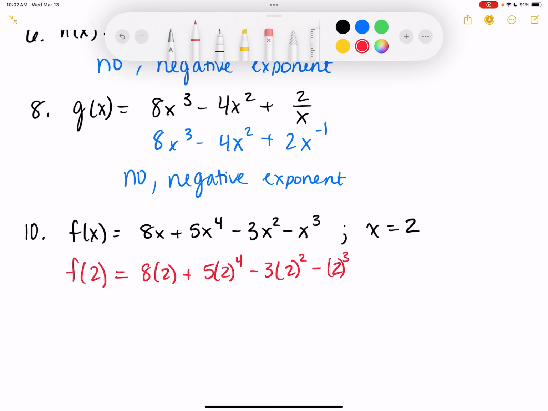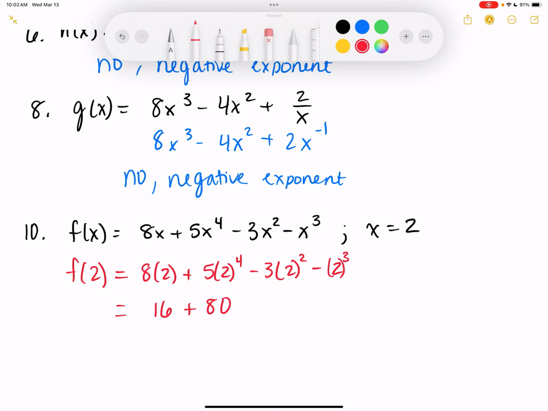But all right, so 8 times 2 is 16 plus, what's 2 to the fourth? 16 times 5 is, I think so.